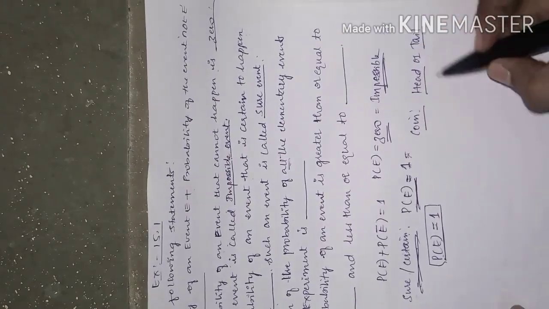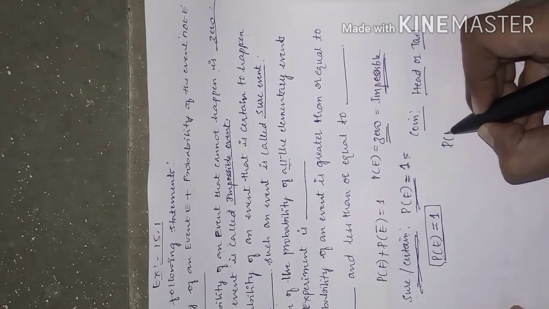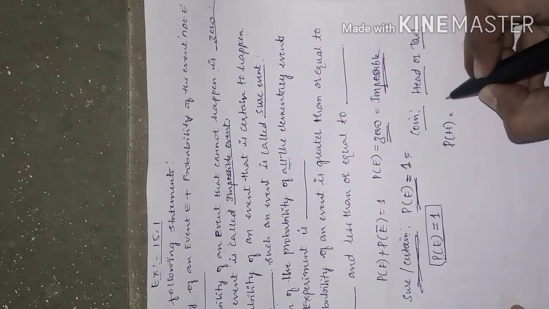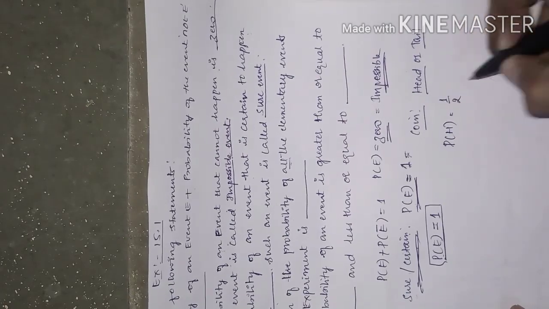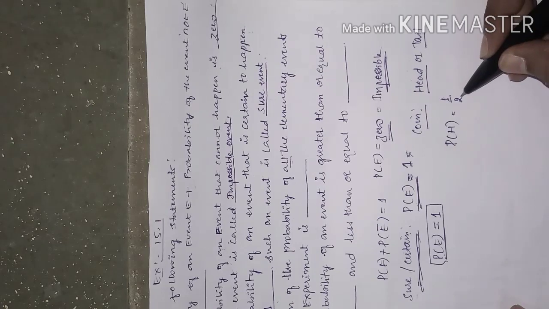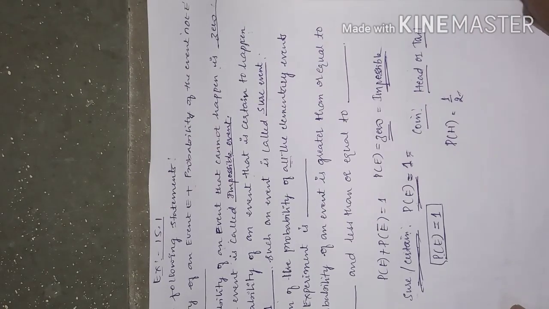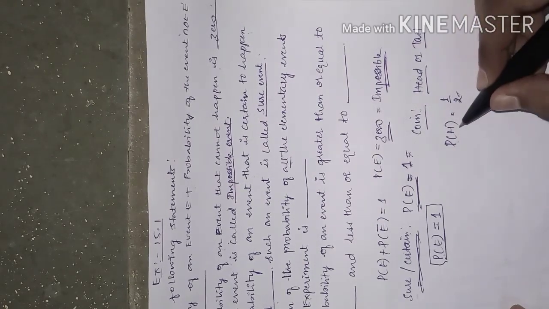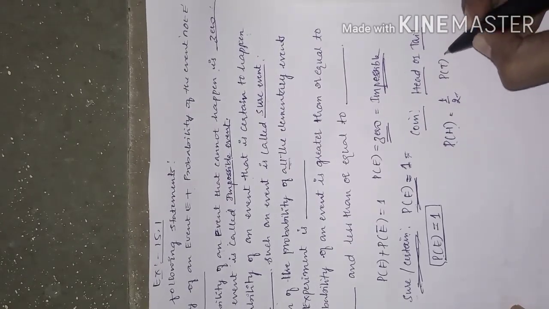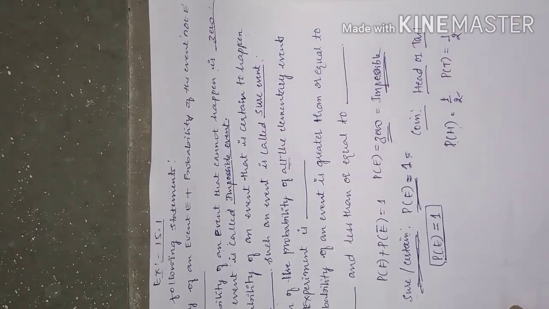If I consider the probability of head, the fraction is 1 by 2, favorable outcomes over total number of outcomes. Probability of head is 1 by 2. Probability of tail will also be 1 by 2.